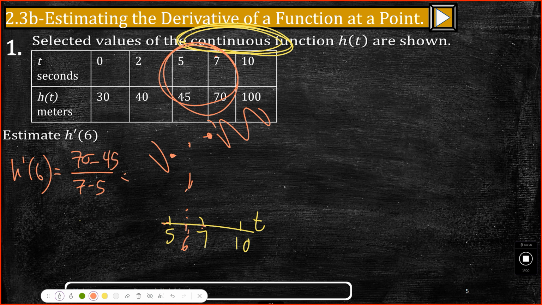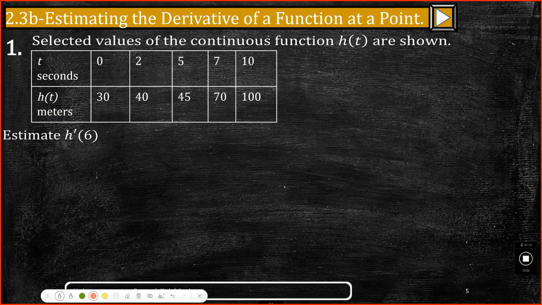So then you go 70 minus 45, which is 25, divided by 2. So it's going to be about 12.5. And so it's going at about 12.5 meters per second. That would be the best answer you can give if you're given that.